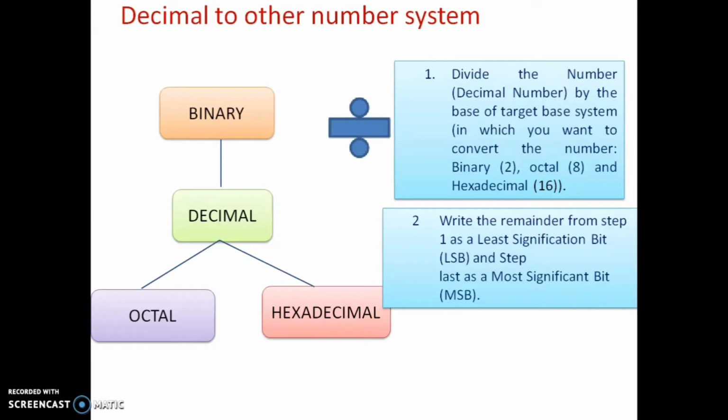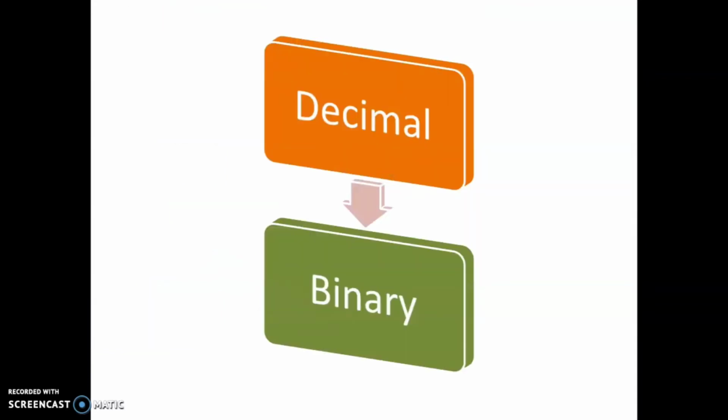This is successively done till the quotient becomes 0. After that, note the last remainder as most significant bit. Then, collect the numbers from most significant bit to least significant bit. This I will show with an example.